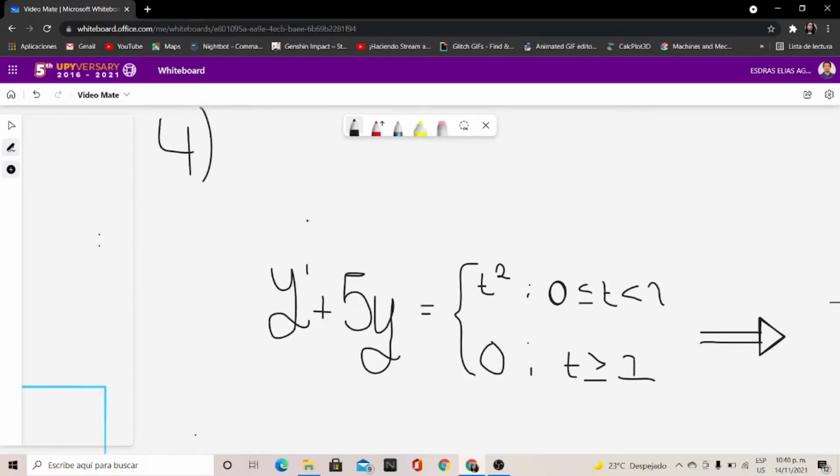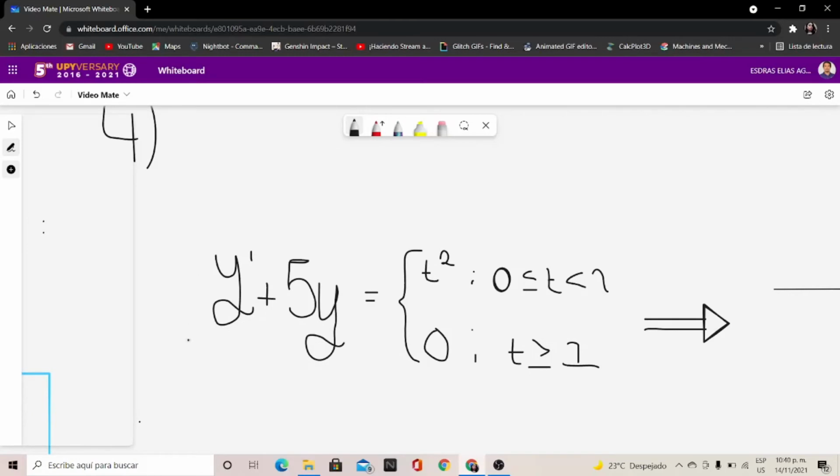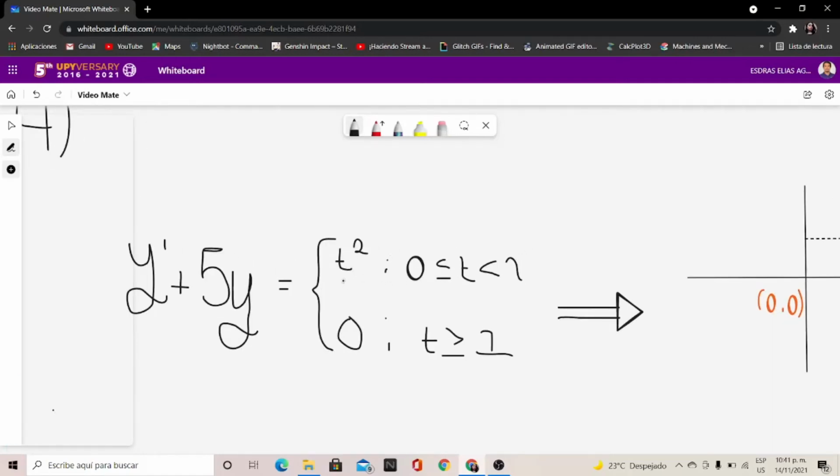Okay, we will start talking about the procedure of exercise number 4. First we have this function, g prime plus 5 times g, with a condition that when t is between 0 and 1, but not reaching 1, this function is equal to t squared.